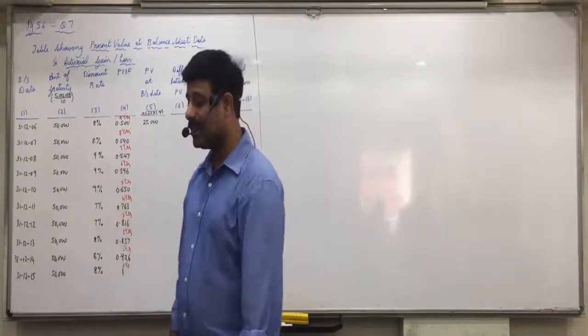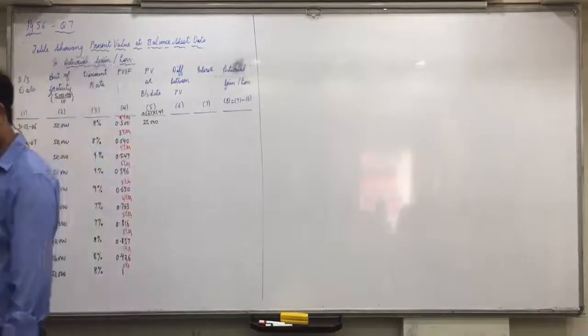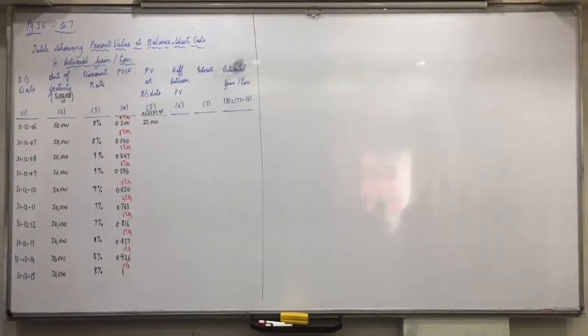Again plus 8%, this will be after 2 years, plus 8%, after 3 years, plus 8%, after 4 years, plus 8%, after 5 years, plus 8%, after 6 years, plus 8%, after 7 years, plus 8%, after 8 years, plus 8%. What does it come to?